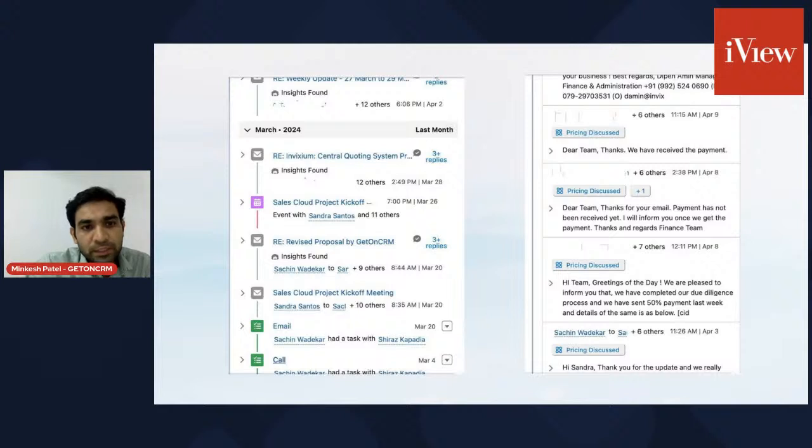On top of it, it actually reads and analyzes the content of those emails and tags them with the information context. So if you see on the right hand side, in the email it has been mentioned that pricing was discussed.